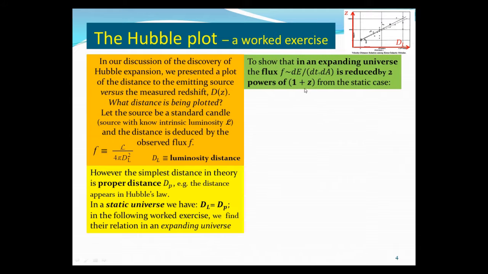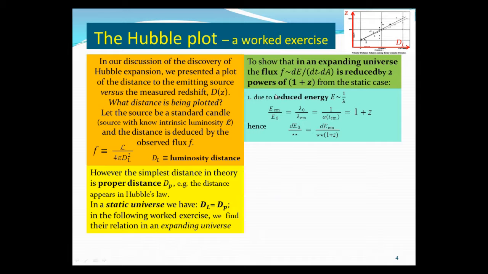We show that in the expanding universe, the flux, because the flux is proportional to the amount of energy per unit time per unit area, is reduced by a power of 1 plus z from the static case. It is reduced because the energy in the numerator goes like a frequency, or goes like one over the wavelength, and the wavelength scales like the scale factor.